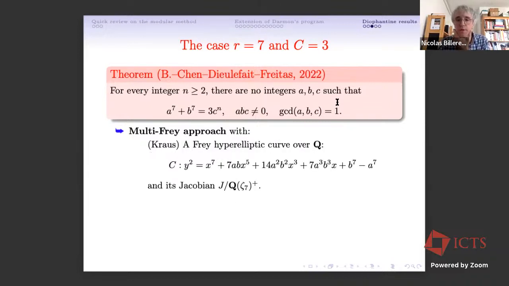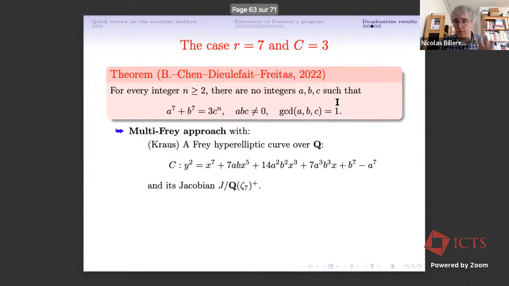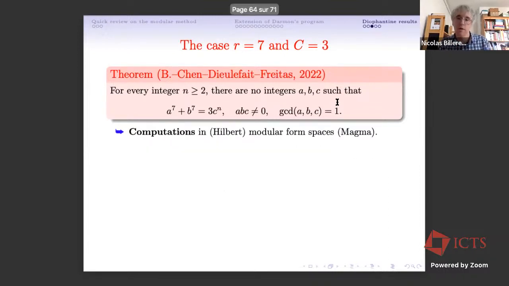And finally, we will be using the Frey hyperelliptic curve of Kraus. The curve C has its equation given on the slide, and its Jacobian, when we base change it to Q(zeta 7) plus. Okay, so that's the first thing. We are using these three objects. Of course, we are also doing some computations, and these computations are done using Magma because we have to compute in modular form spaces.